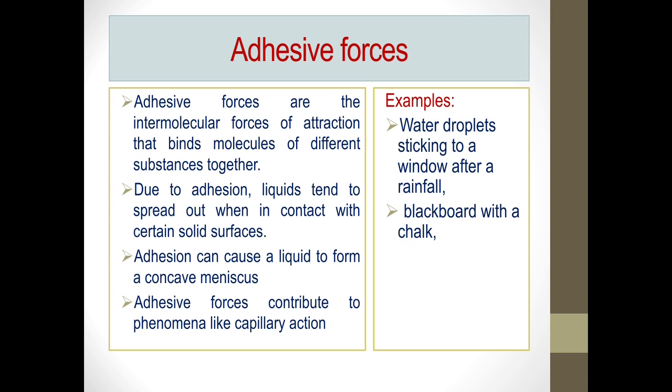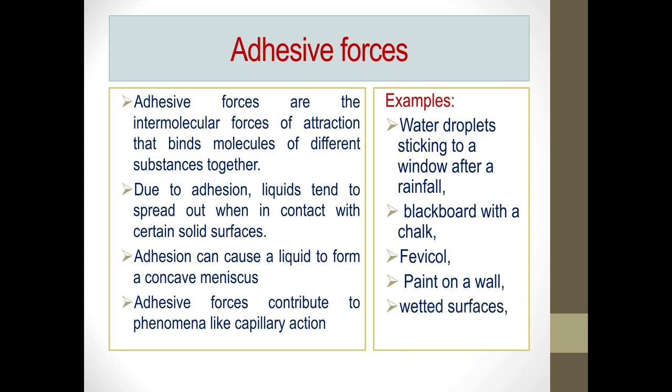Chalk is nothing but calcium carbonate. When you write on a blackboard, the chalk pieces get stuck to the blackboard. Favicol, which we use to stick papers. Paint on a wall. When you paint, a paint is nothing but an emulsion. When it is painted on a concrete wall, these paint molecules get stuck to the wall.